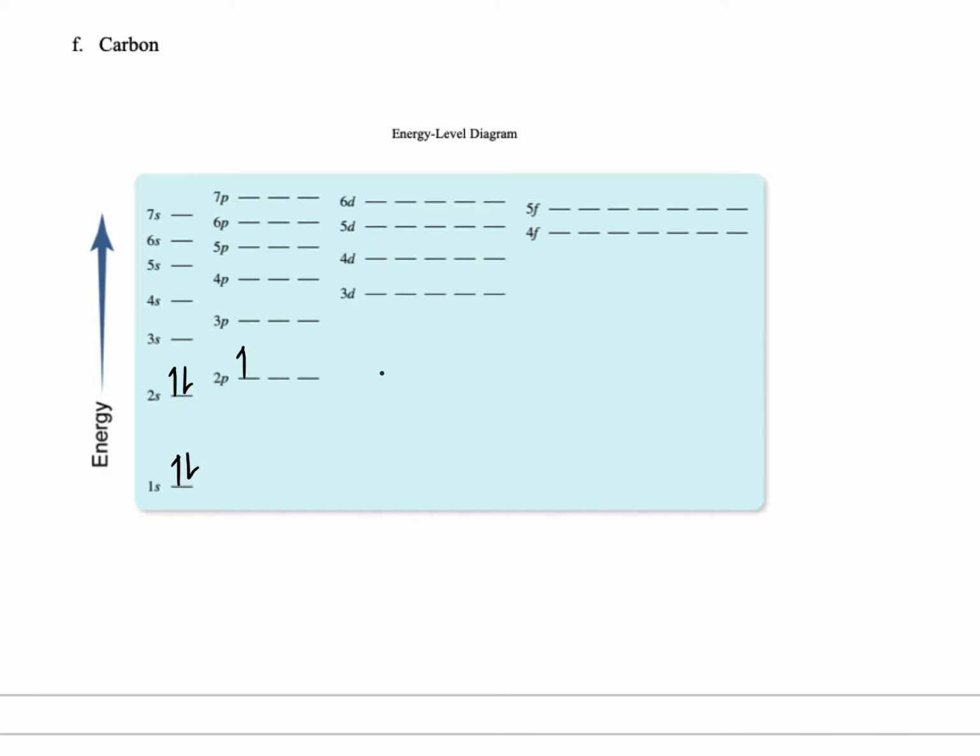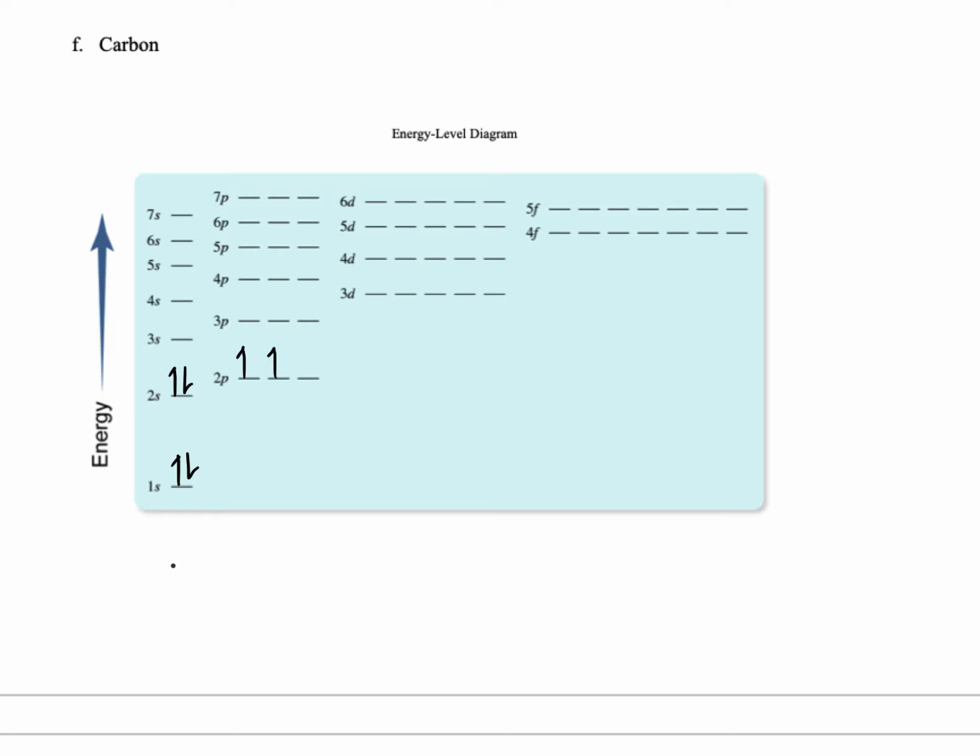So what this tells us is that the next electron will not go here. Instead, it'll fill the next p orbital, and we won't have paired electrons with opposite spin until it's absolutely necessary for them to do that.